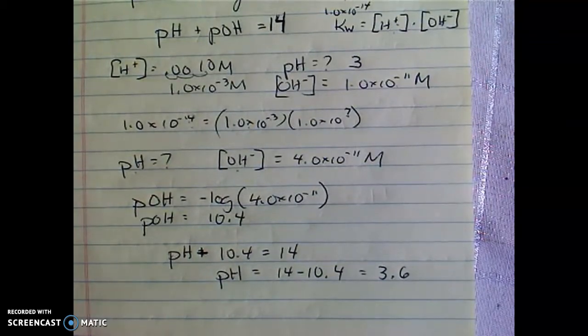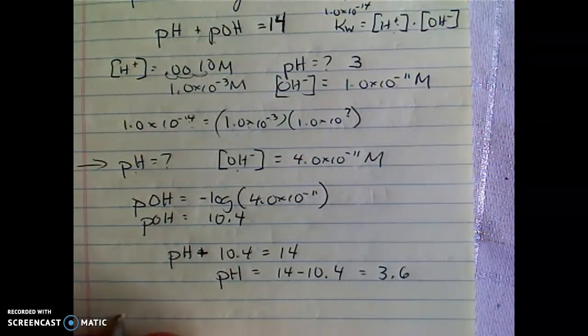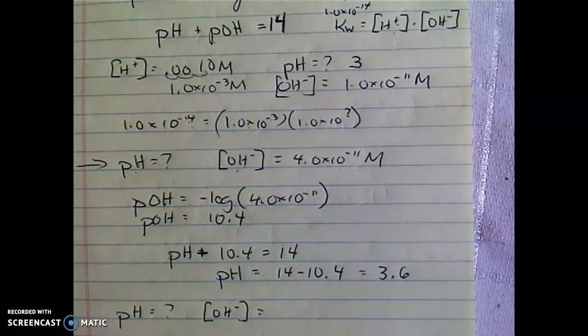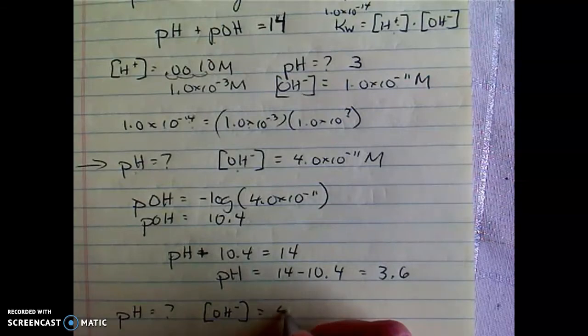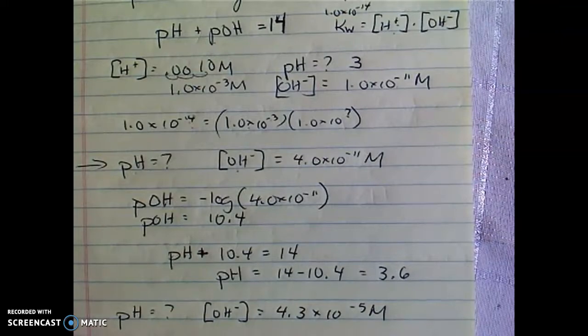Let me show you using the same idea. What is the pH if my OH minus is, and let me pick a new one, we'll get a different value. If my OH minus is 4.3 times 10 to the negative fifth molar. Now I'm going to use the Kw instead this time.